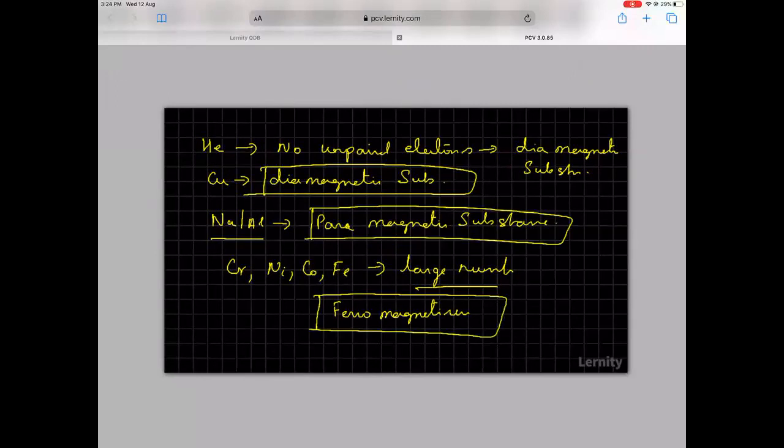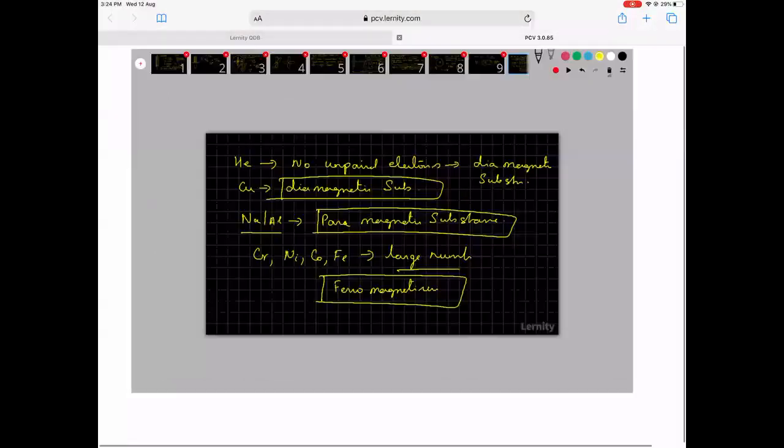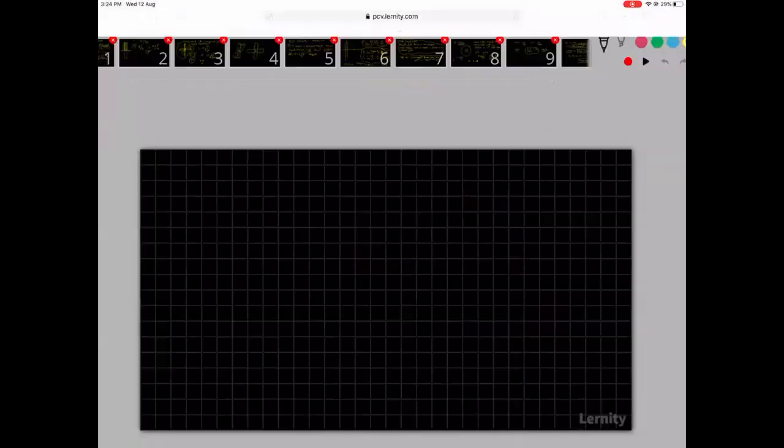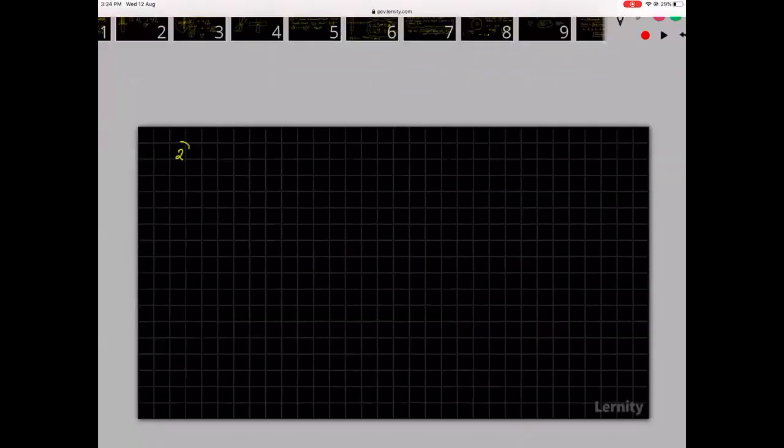But in every material, fundamentally, there are only two ways in which the electrons can interact. One way, they induce magnetism. The other way, they align in the direction of other electronic magnets.